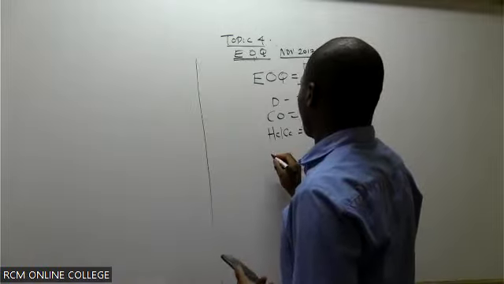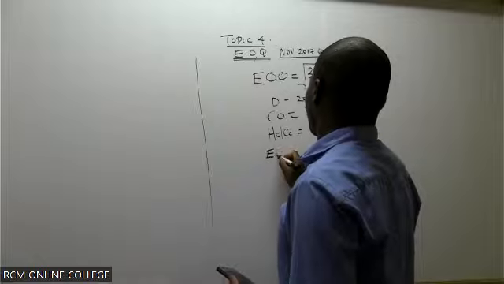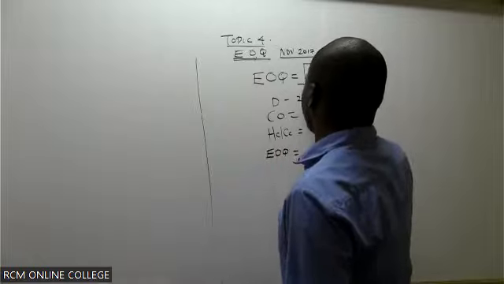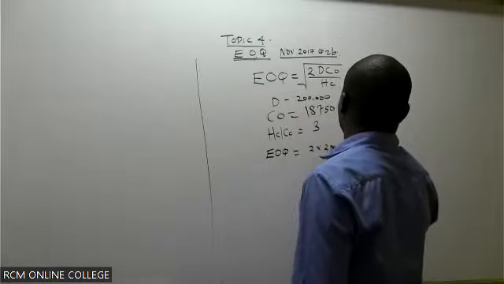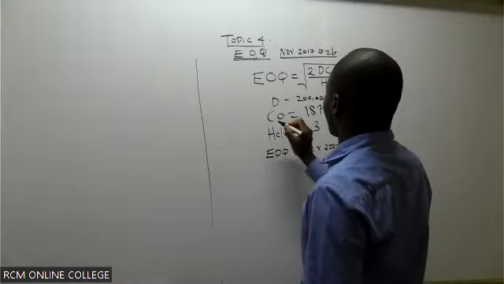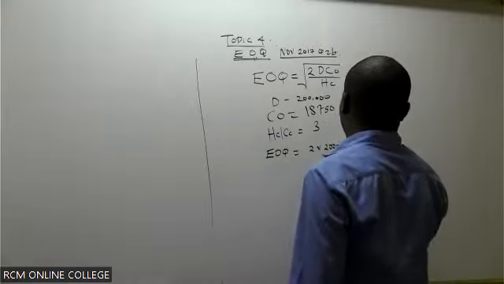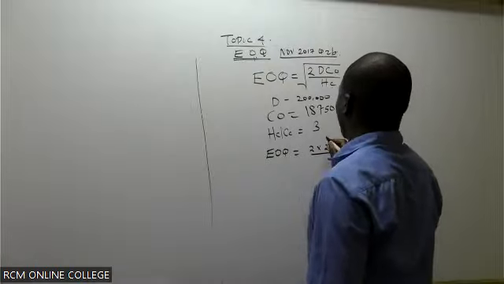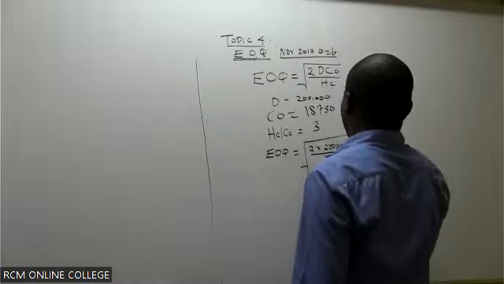So economic order quantity is equivalent to 2 multiplied by demand multiplied by ordering cost. The whole of that you divide by holding cost, then you get the square root of your result.